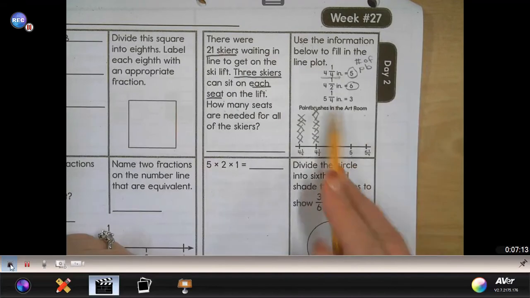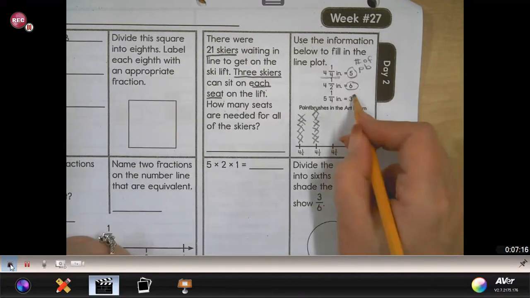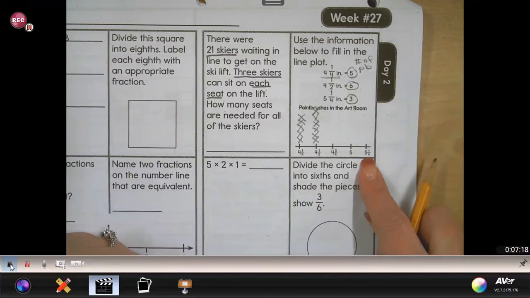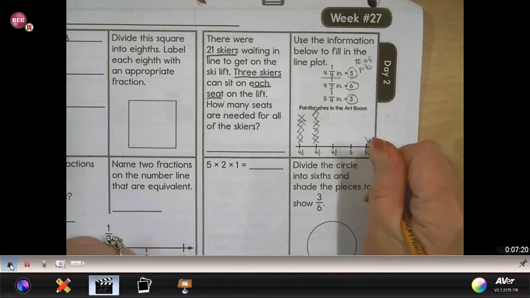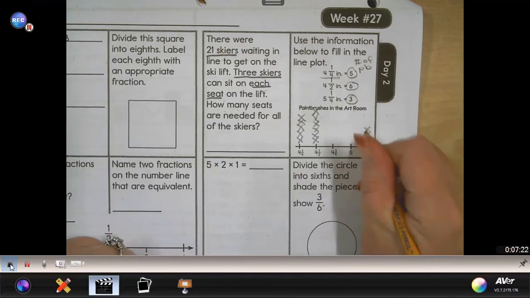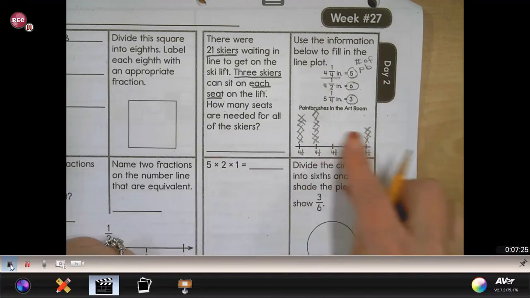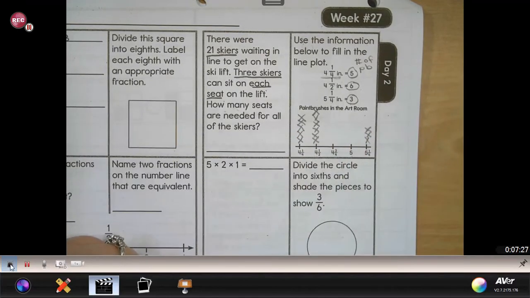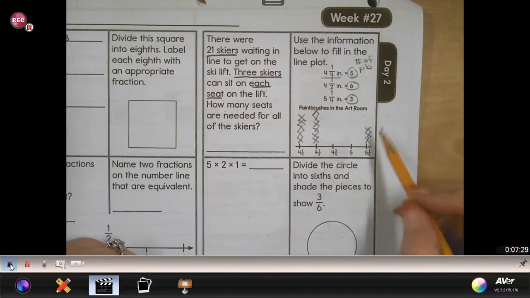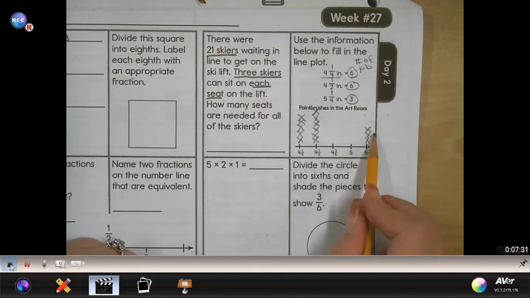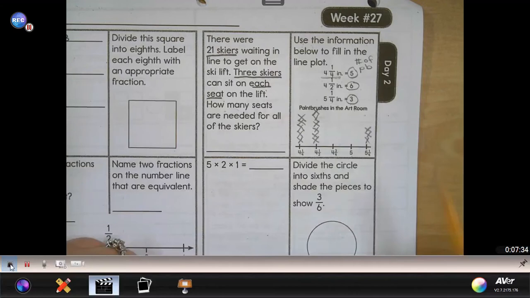But I do have 3 paintbrushes that are 5 1/4. So 1, 2, 3. Again, I try to keep them lined up. It's like a bar graph. You want to keep them fairly the same height as the others. So this is a line plot, and now we've shown how many paintbrushes there are above each length.